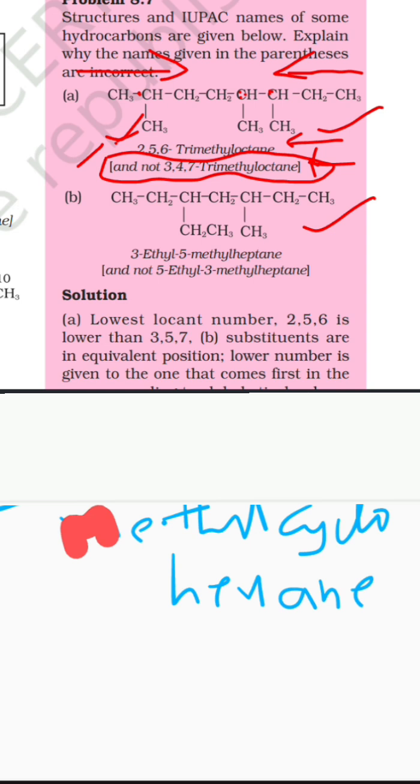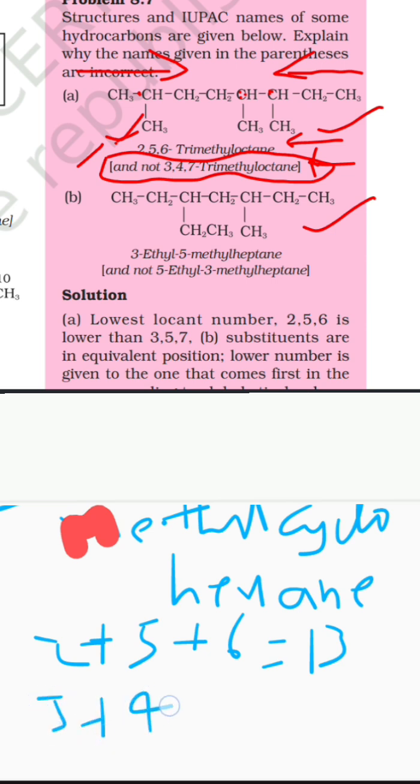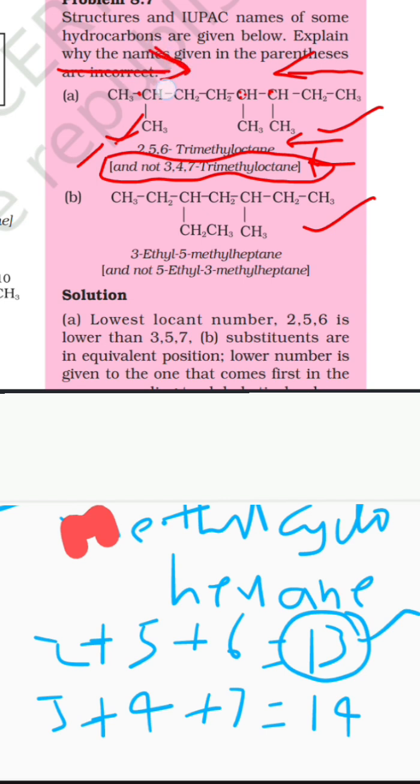Obviously 2 plus 5 plus 6, how much it is? It is 13. And 3 plus 4 plus 7, obviously it is 14. This is the lowest number. Obviously lowest number we have to choose. That means we have to choose the numbering from left to right here.